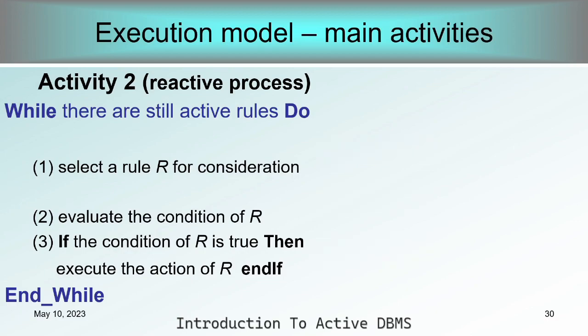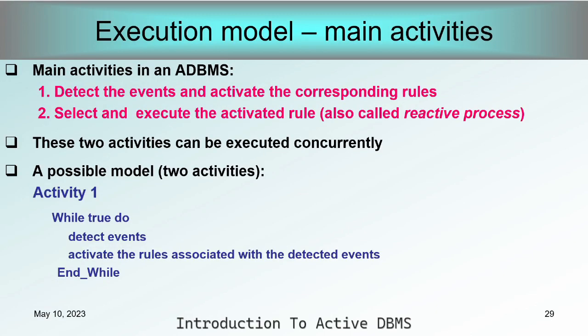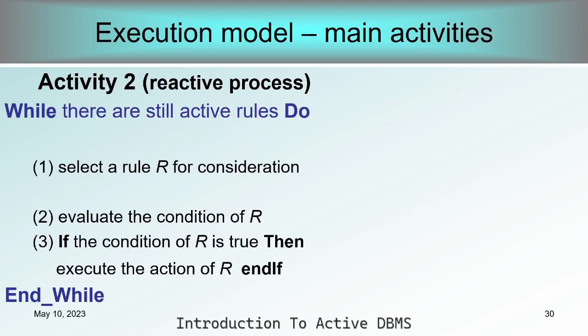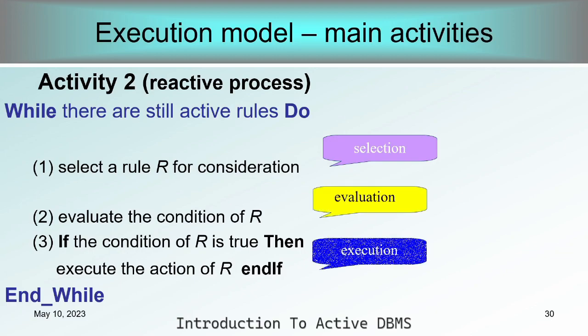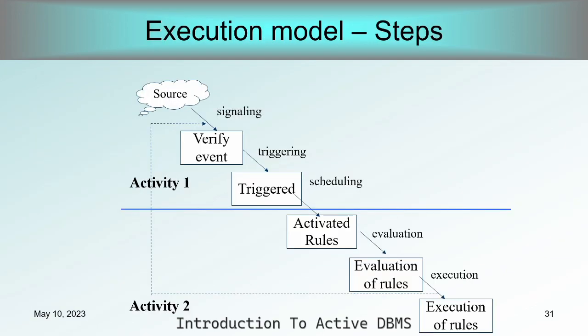In the previous case, you could see we have defined only one set of activity to be performed. Here in this activity 2, we are performing different activities together: selection, evaluation, and execution. So the overall execution model of an active DBMS is like this: from the source, you could see the event is detected from the DBMS.